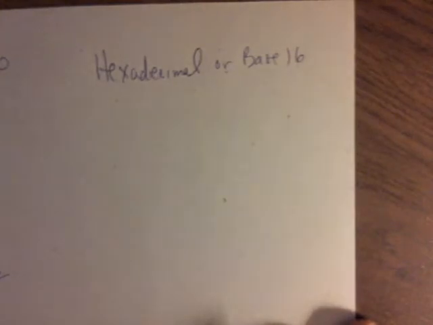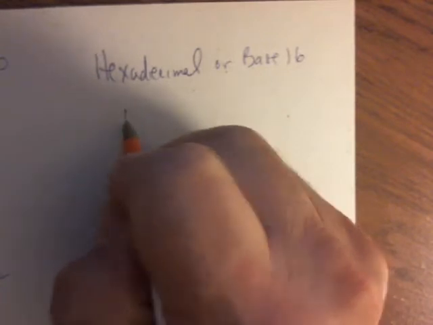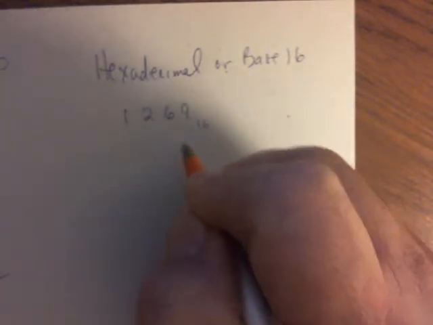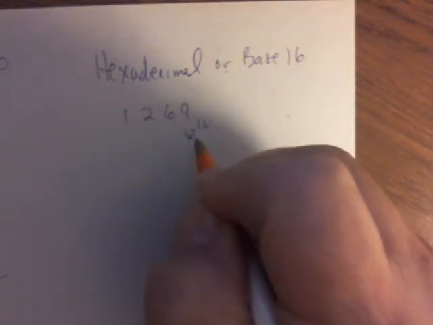Now, hexadecimal, a little different there. Well, not a little, it's different when we get to the letters, and I'll talk about that shortly. But hexadecimal, or base 16, again has the 16 to the 0, so they all have a ones place.